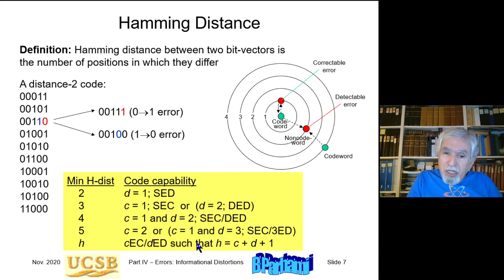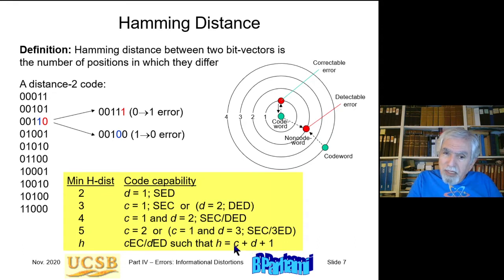Okay, now generally speaking, if the distance is h, then you can detect D errors and correct C errors if this relationship holds. So double error detecting, single error correcting requires a distance of 4.